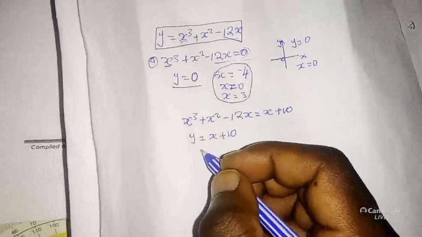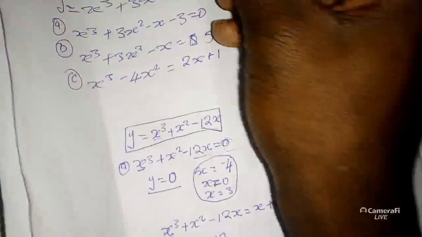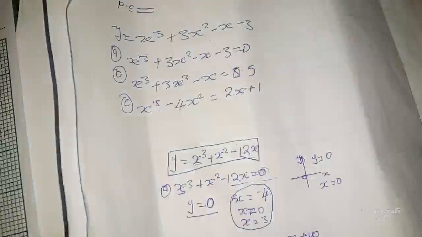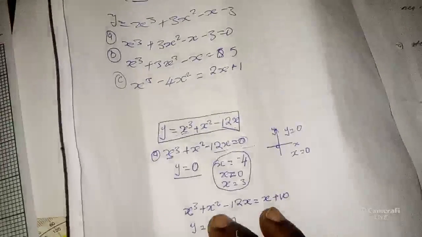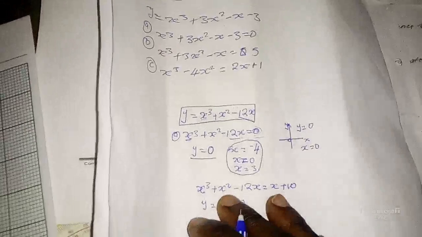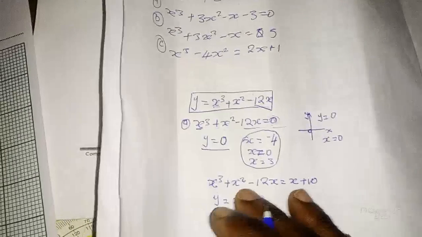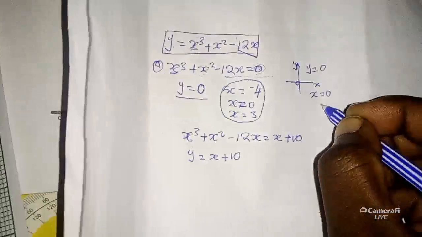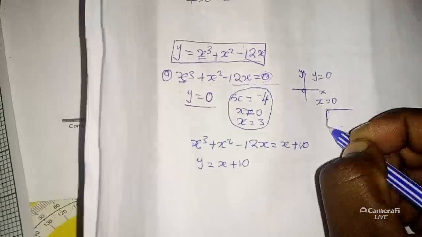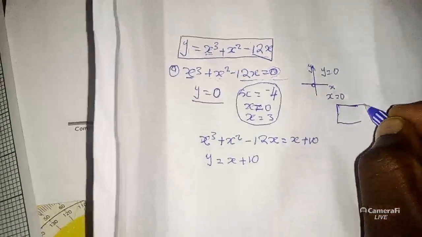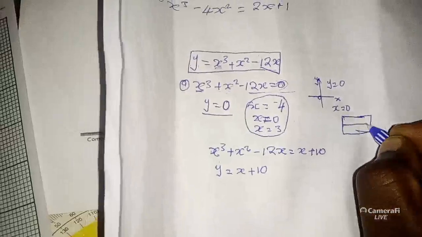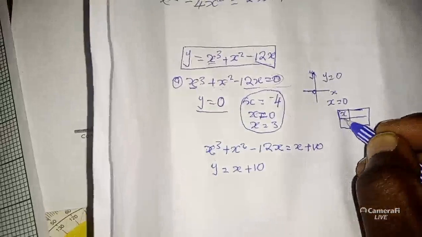Now we go to where we make coordinates. You draw a small box. This is x and that is y.